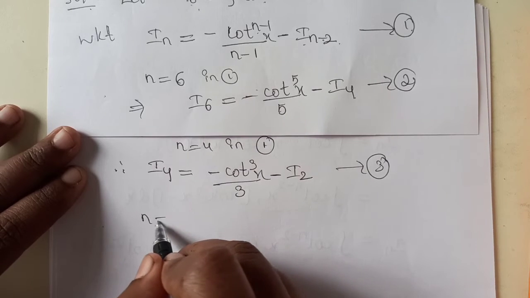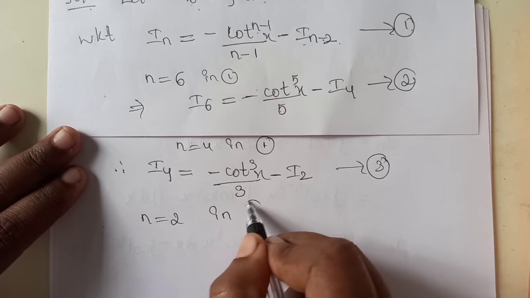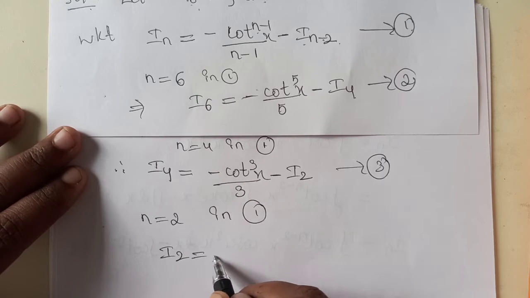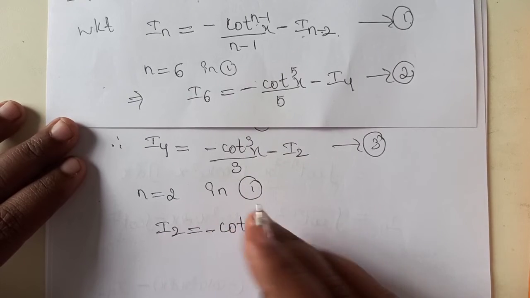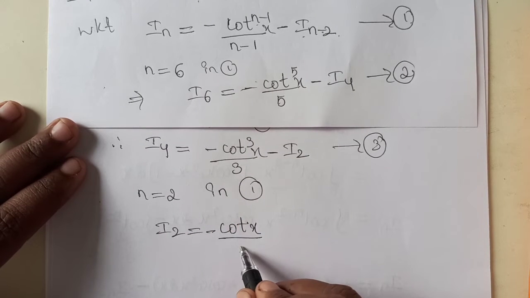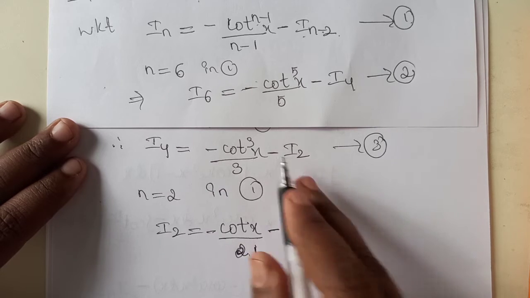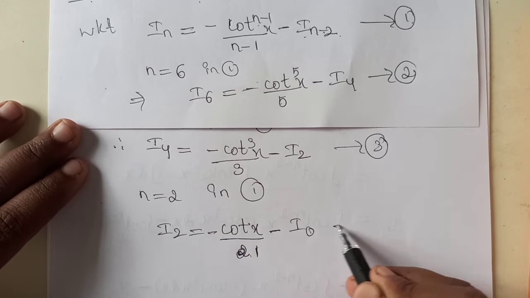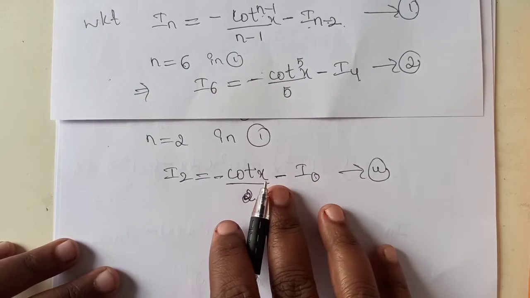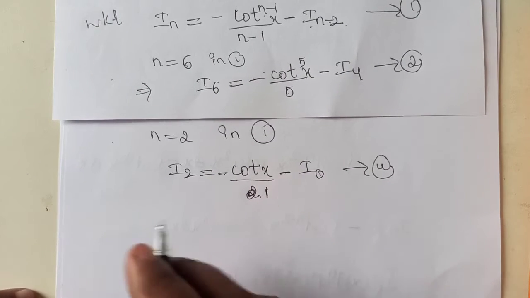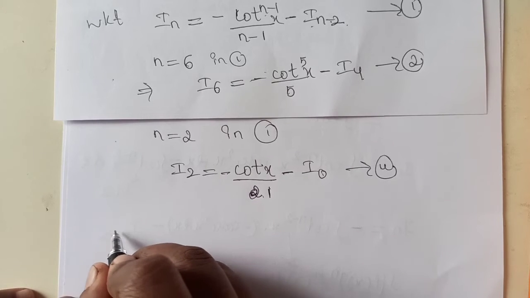Similarly, substituting n equals 2 in 1, we get the I_2 value. I_2 equals minus cot power 1, because 2 minus 1 equals 1, cot x divided by 1, minus I_0. Equation 4. I_0 can be obtained by substituting n equals 0 in the given integral.